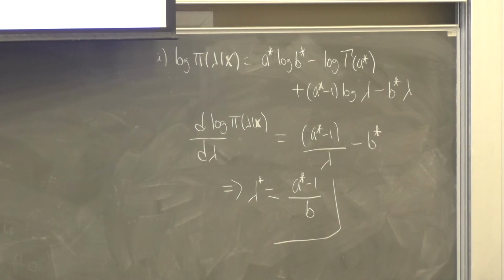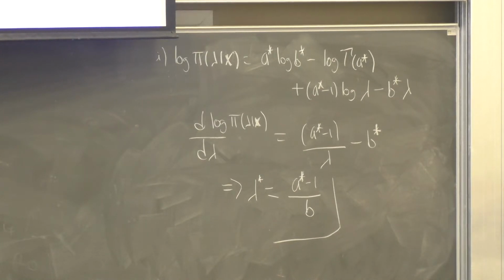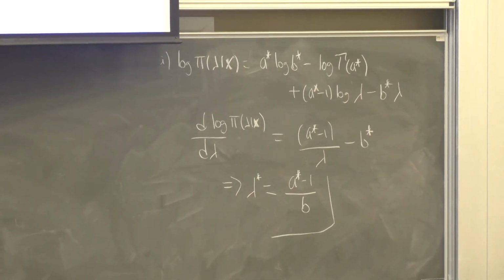The median would be the value that leaves half of the probability to either side of it. We cannot do that, at least not analytically, so we resort to R for doing that.